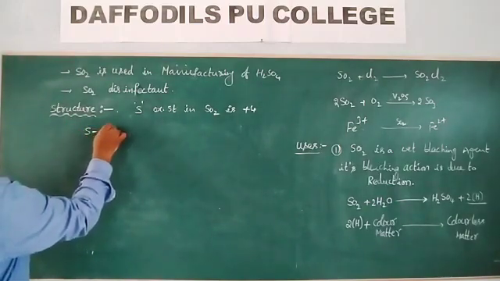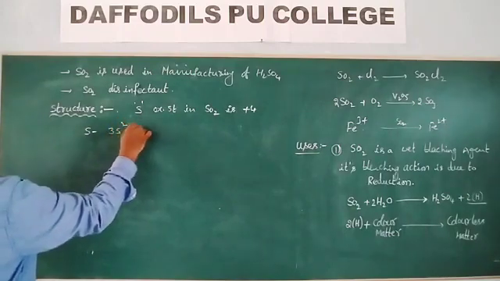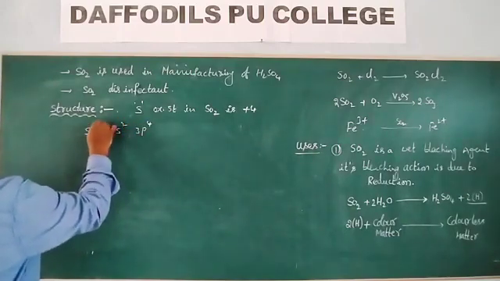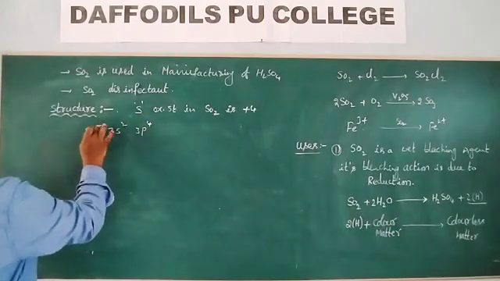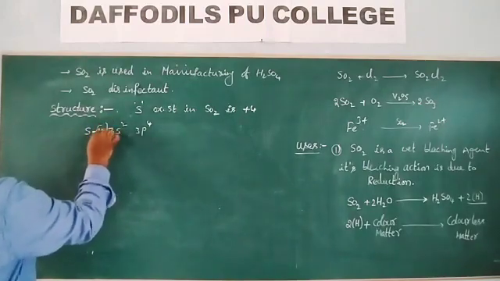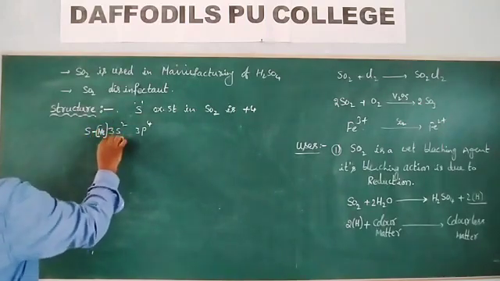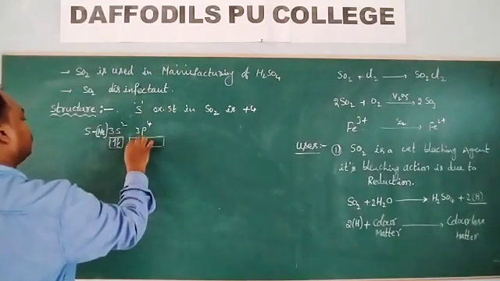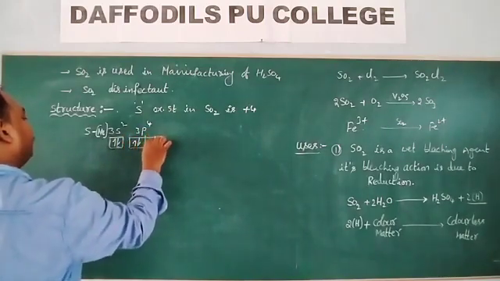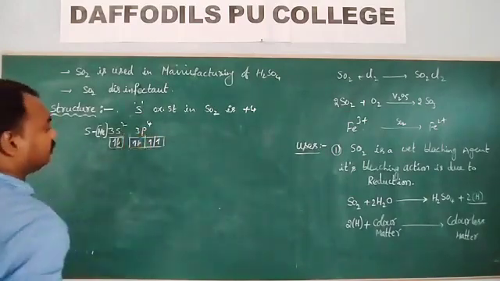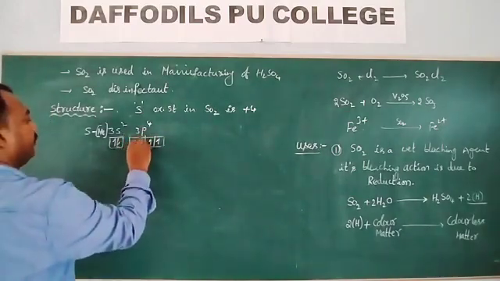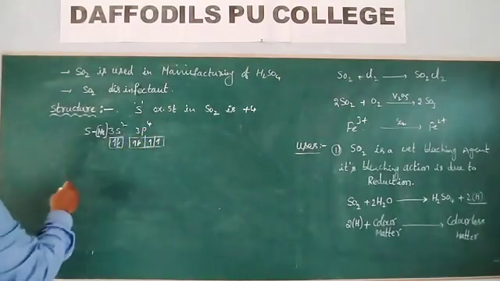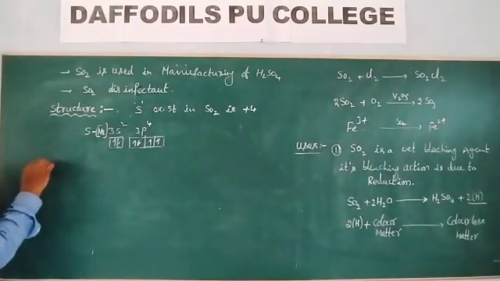Sulfur electronic configuration is 3s2 3p4. This is the outermost electronic configuration of sulfur. In this ground state, you can see 2 unpaired electrons. First excited state.